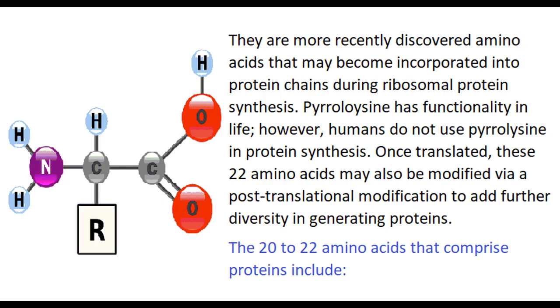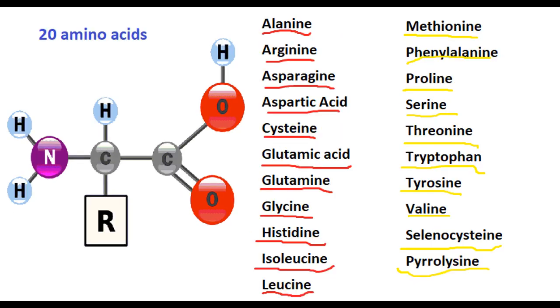The 20 to 22 amino acids that comprise proteins include alanine, arginine, asparagine, aspartic acid, cysteine, glutamic acid, glutamine, glycine, histidine, isoleucine, leucine, lysine, methionine, phenylalanine, proline, serine, threonine, tryptophan, tyrosine, valine, selenocysteine, and pyrrolysine, not used in human protein synthesis.